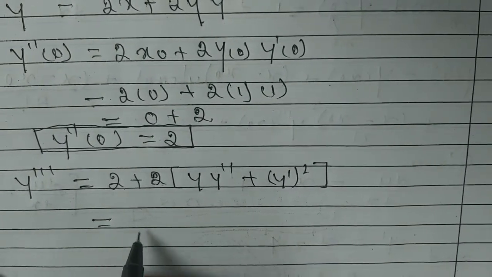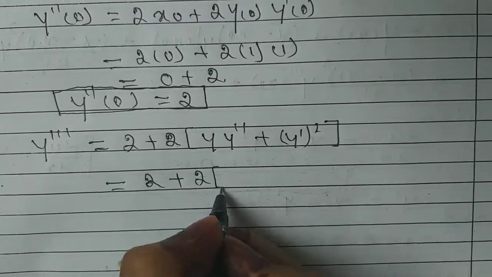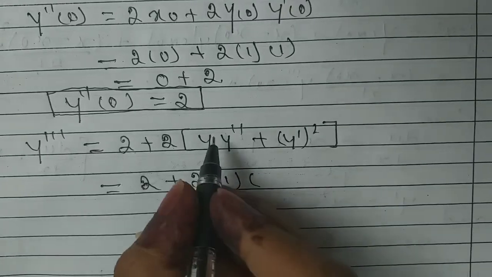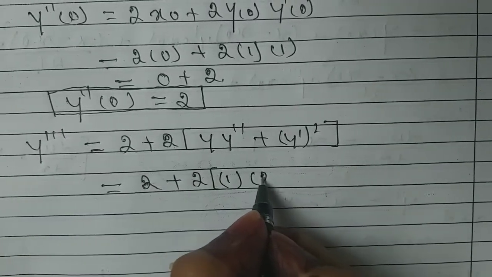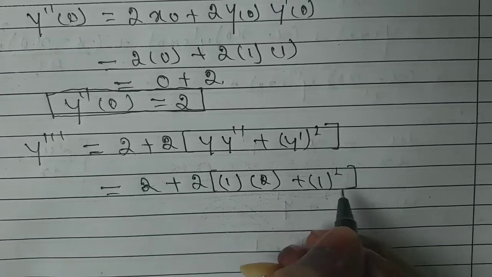So it is 2 plus 2 into y double dash of 0, which is 2, plus 1 whole square.